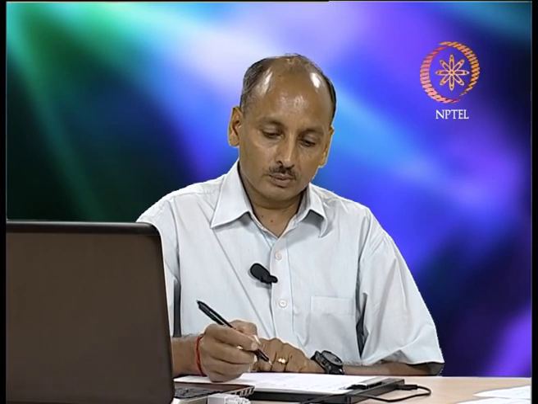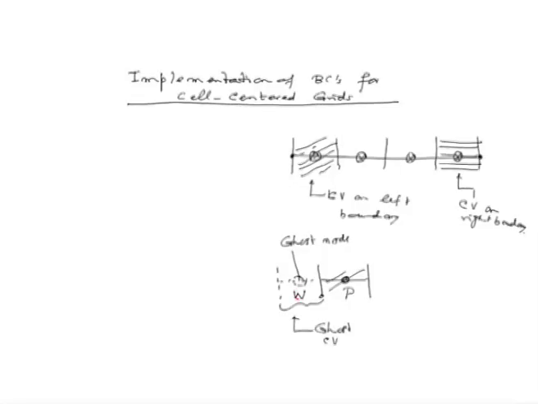And we would now apply the differencing or linear interpolation, making use of the values at these ghost points. This is what we had done earlier in cell centered finite difference implementation. So, this is just a revision of what we have done earlier.